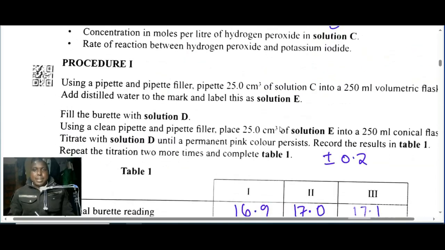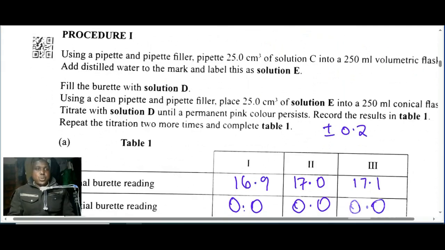So what happened? We took 25 of hydrogen peroxide solution C, tukaweka kwa 250 volumetric flask. So tuliweka 25 tukaongeza maji, distilled water, ikafika 250 centimeters cube.